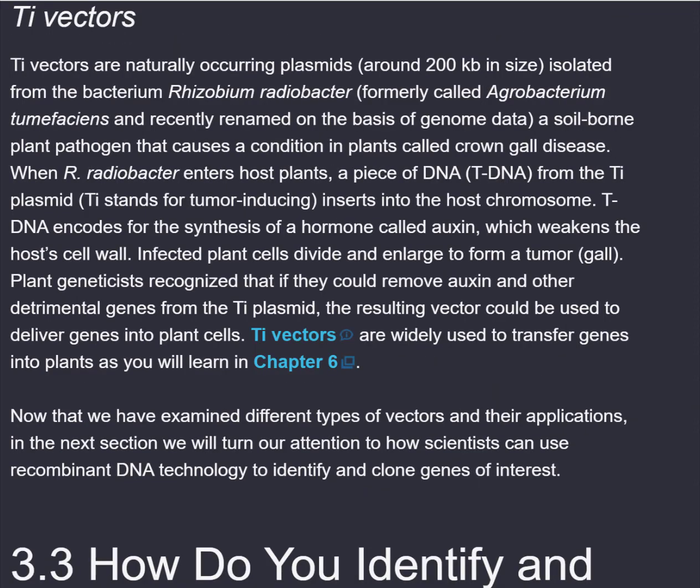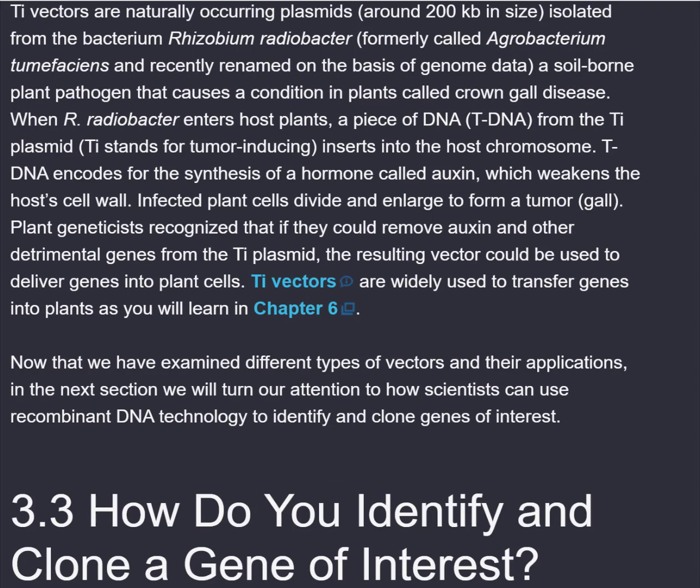TI vectors. TI vectors are naturally occurring plasmids, around 200 kb in size, isolated from the bacterium Rhizobium radiobacter, formerly called Agrobacterium tumefaciens and recently renamed on the basis of genome data, a soil-borne plant pathogen that causes a condition in plants called crown gall disease.